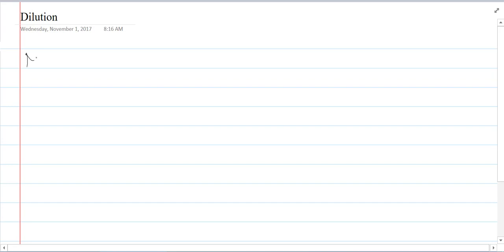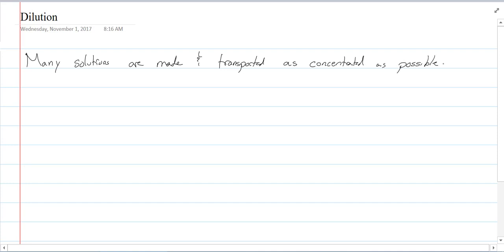So many solutions are made and transported as concentrated as possible in forms called stock solutions.